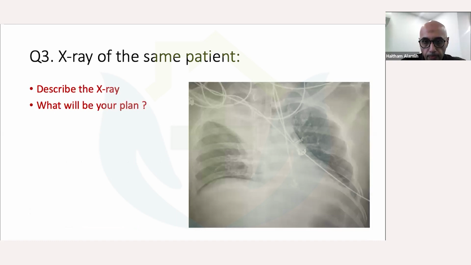Chest X-ray of the same patient after intubation. Describe the X-ray. What will be your plan? We can see infiltration in the right upper lobe. This patient is intubated, I can see the ET tube.